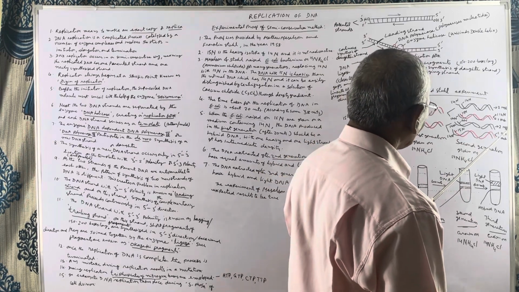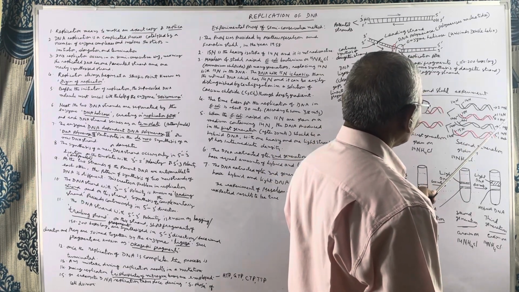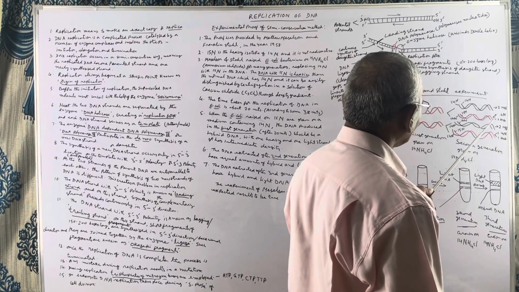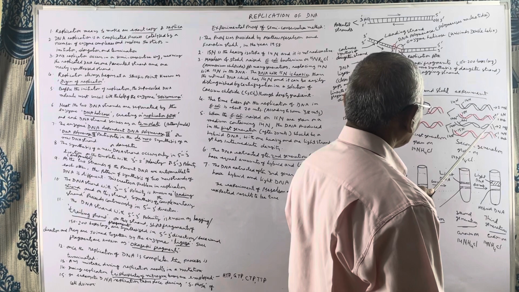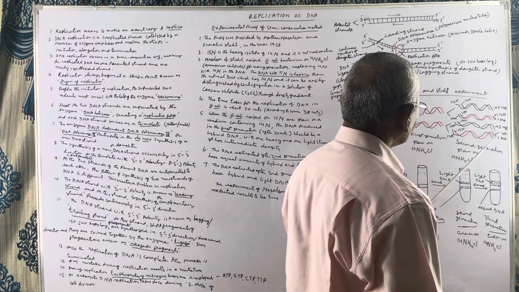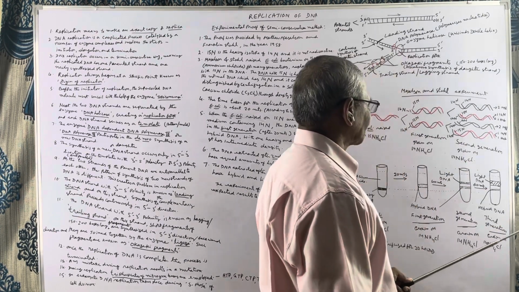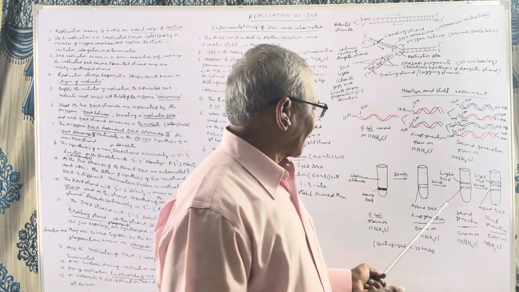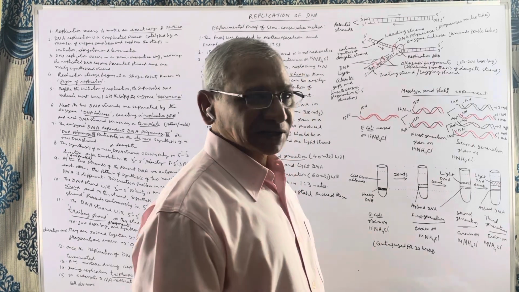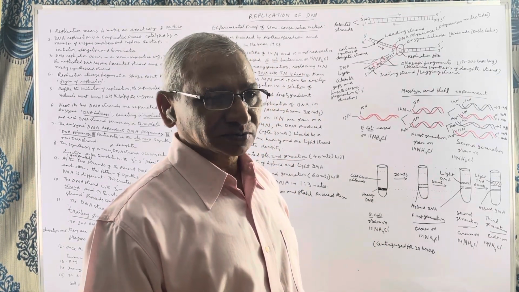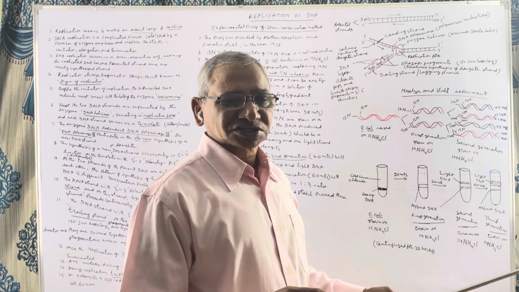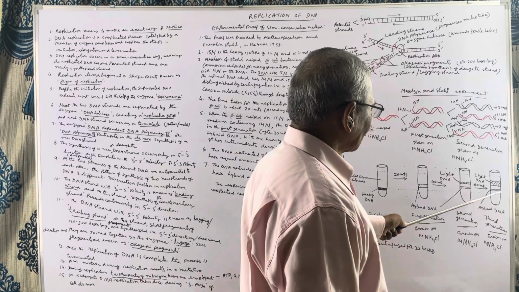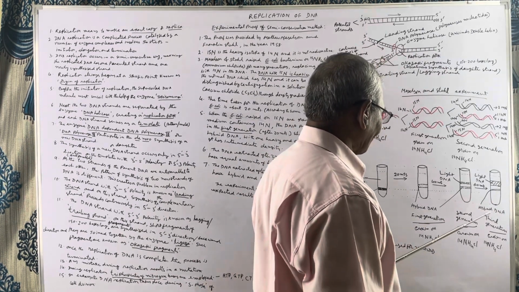See here, there are only 2 hybrid DNA molecules, but 6 lighter DNA molecules. 2:6 means 1:3. See here. This is the result after 60 minutes.